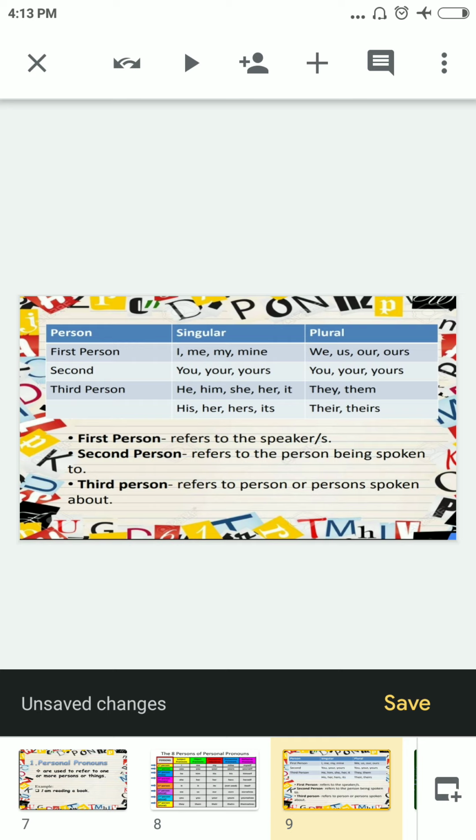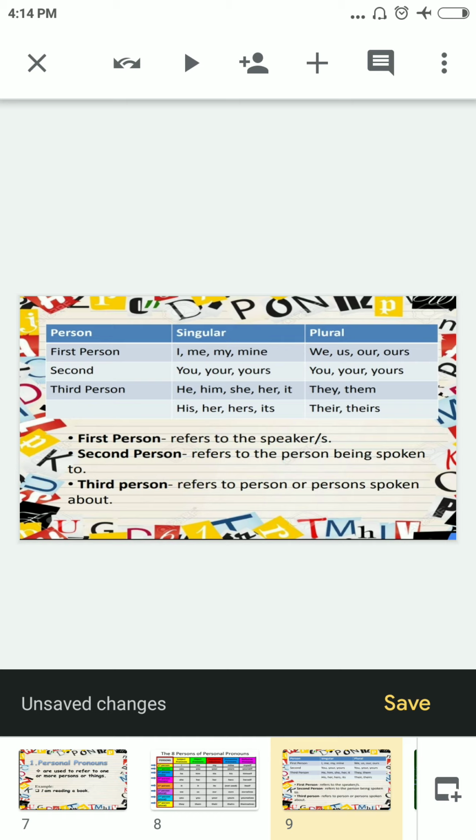If we talk about first person plural, then we can use pronouns like we, us, our, ours. For second person singular, we use pronouns like you, your, yours. And for second person plural, again you, your, yours.